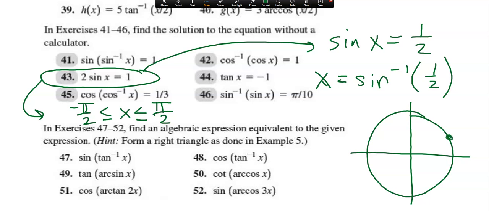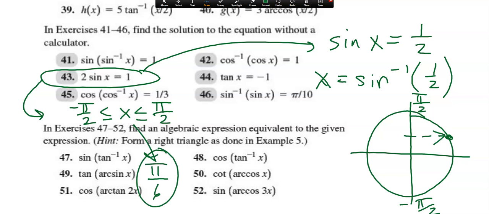You should give me pi over 6 right there, because the y value on the right half of the circle from negative pi over 2 to positive pi over 2, the only answer in that would be there. So the answer to that particular question would just be pi over 6.